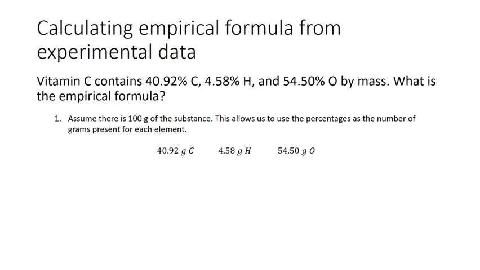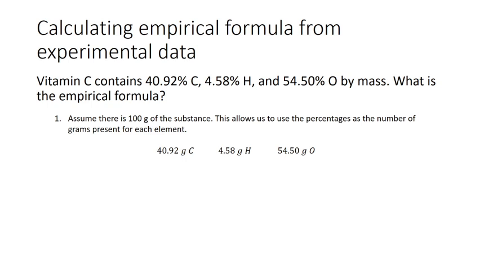So the first step for doing this calculation: assume that there is 100 grams of the substance. Why we do this is because this allows us to use the percentages as the mass for each element present.